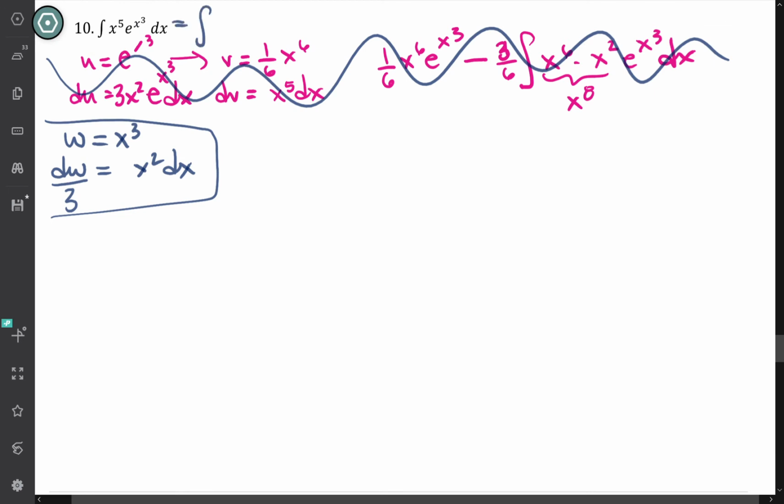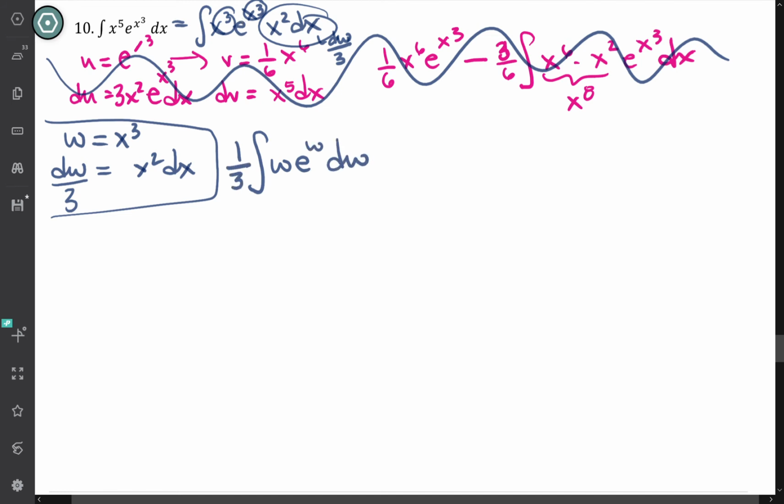Ooh, I erased more than I meant to. Okay, so look at it this way. I have an x cubed, an e to the x cubed, and an x squared dx in my original problem. So I am now claiming that the x squared dx can become dw over 3, and that the x cubed, and in fact both of the x cubes, can become w's. So this turns it into w e to the w dw over 3.